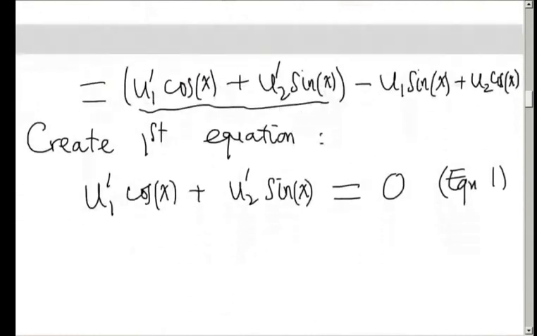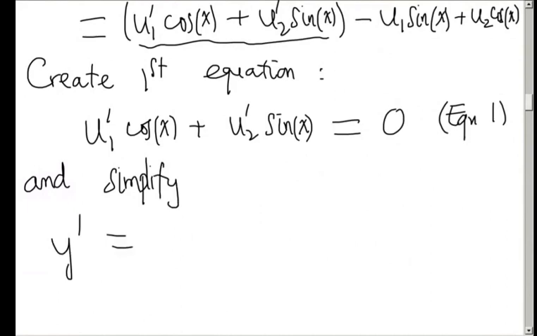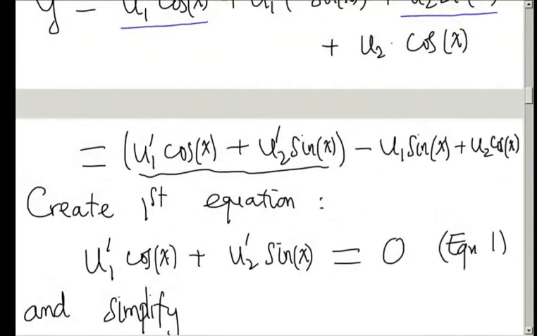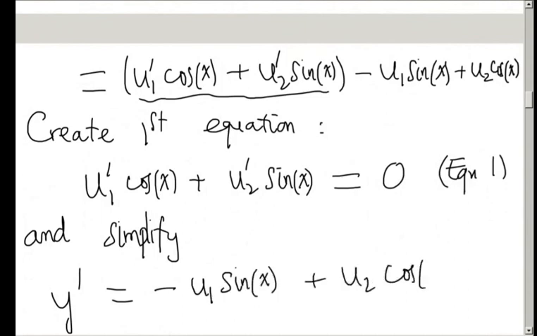We will use it later. So after creating this equation, we simplify y prime. Because the first group is already 0, y prime just has two terms left at the end here: minus u1 sine x plus u2 cosine x.